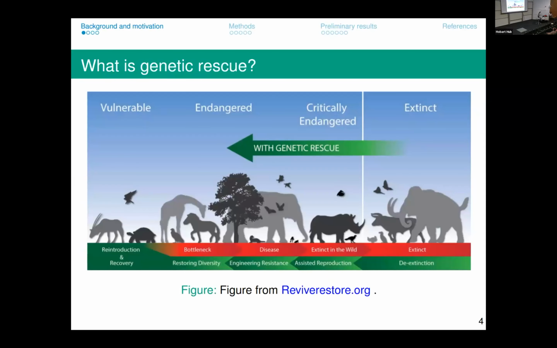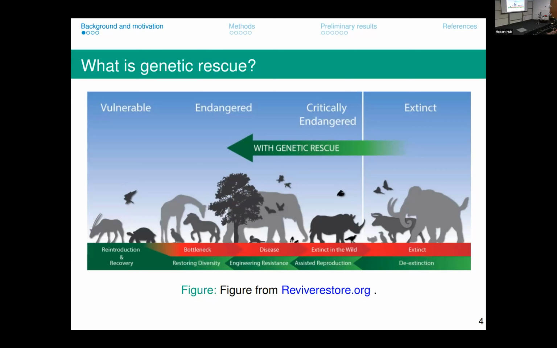Before I talk about what genetic rescue is, I'll first explain why conservation matters. Nowadays, climate change and habitat loss are leading to notable biodiversity decline, which also impacts species decline. One response to that is genetic rescue.